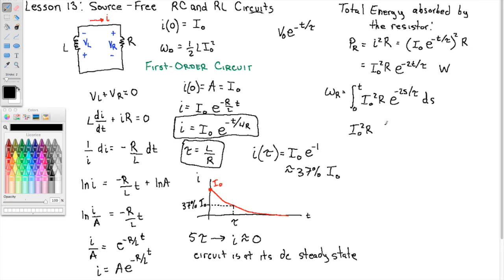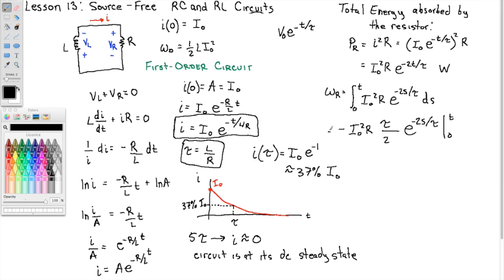Right, so I need a tau, I need a negative over 2, e to the negative 2s over tau, from 0 to t.